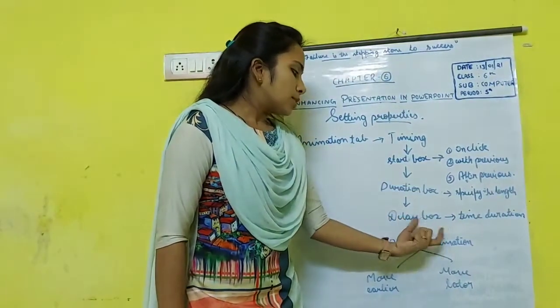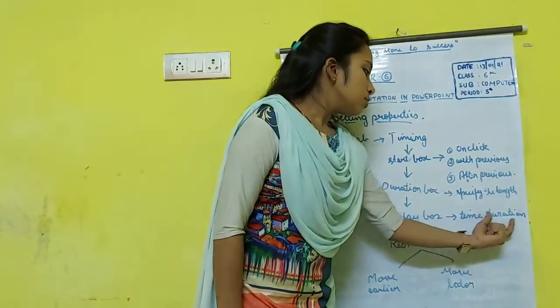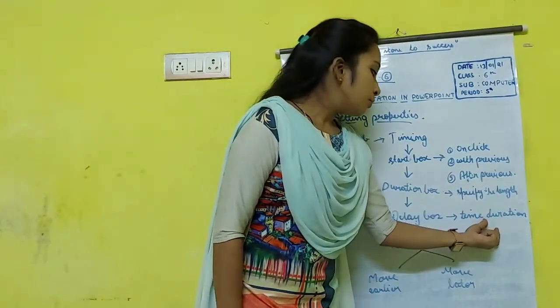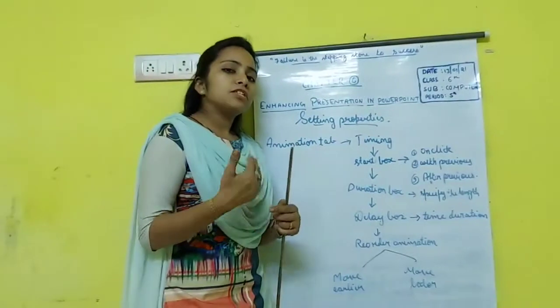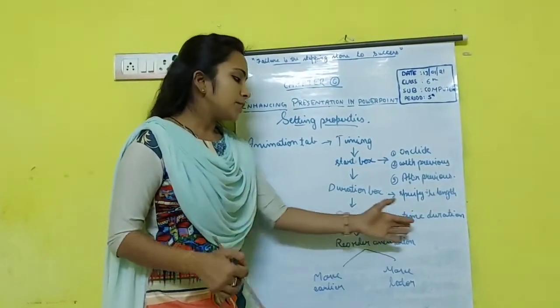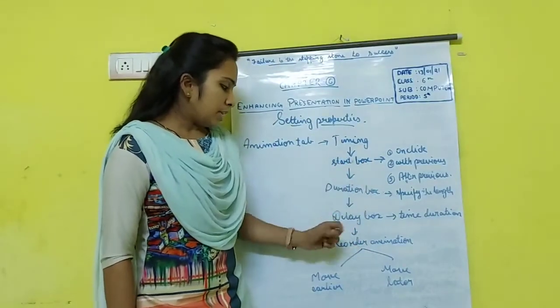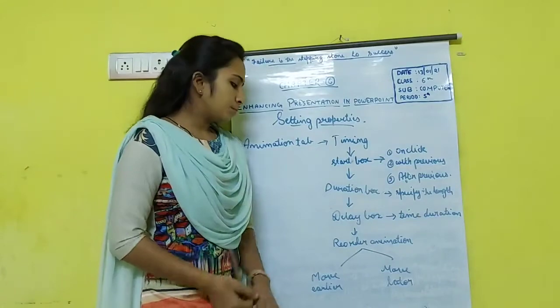Then the delay box. Under the delay box you have to tell the duration, means after how many seconds the first animation, then the second animation, then the third, like that. You have to tell the time duration. After you have done all these things, you will go to reorder animation, on the right side.